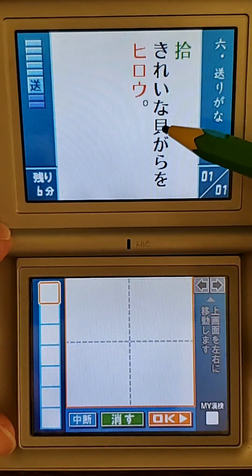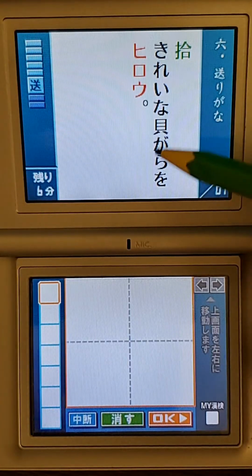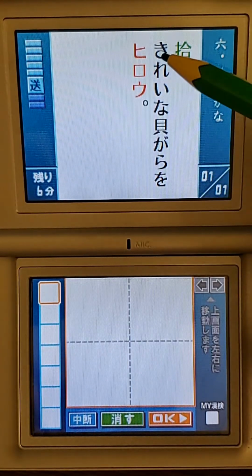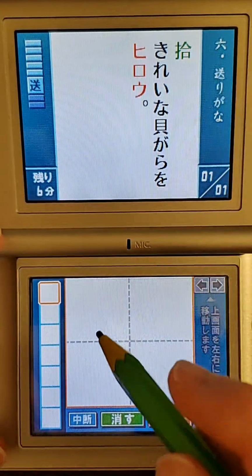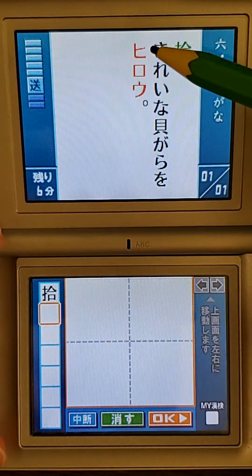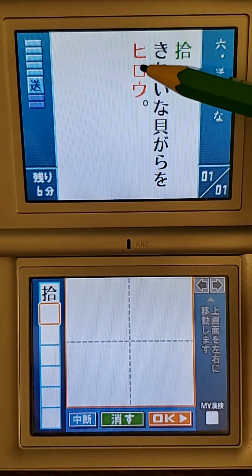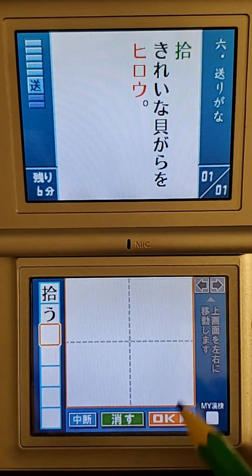So 綺麗な貝殻を拾う. So beautiful shell. I pick up, hiro. So got to use this kanji. So put the teihen. Let's write the kanji. Then we put the okurigana. So is it just hiro? Yeah.